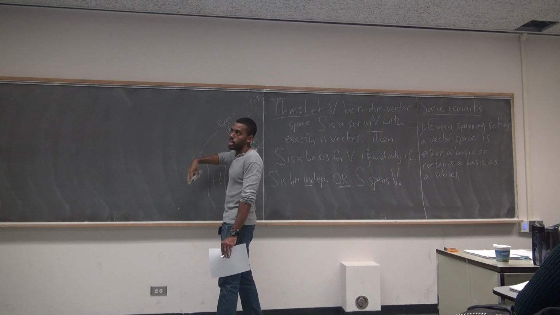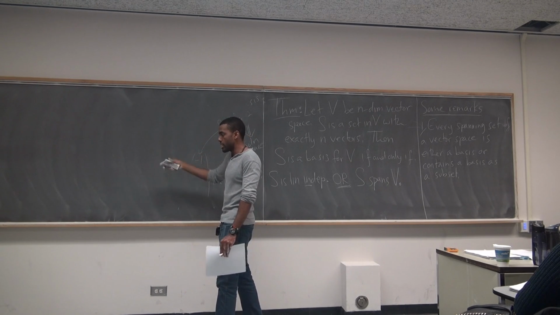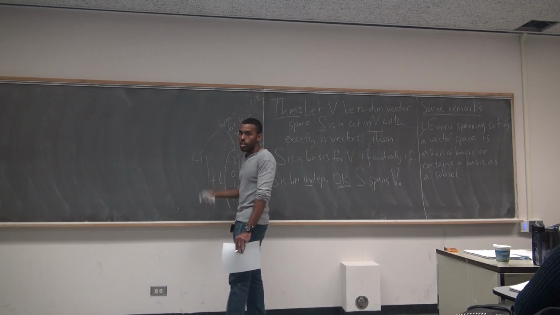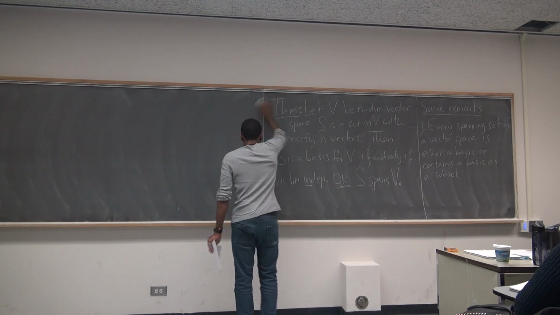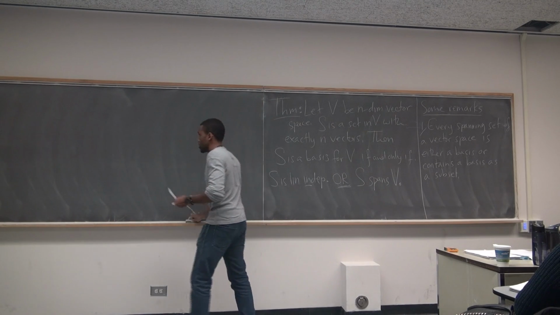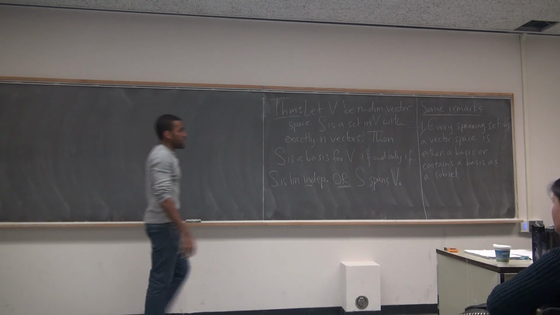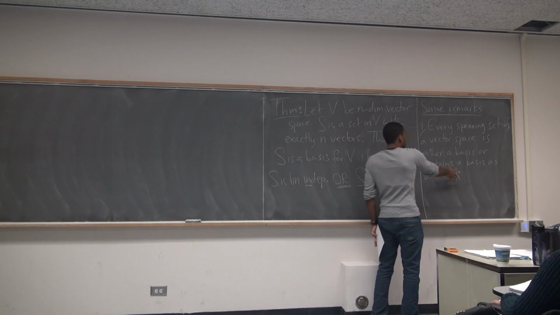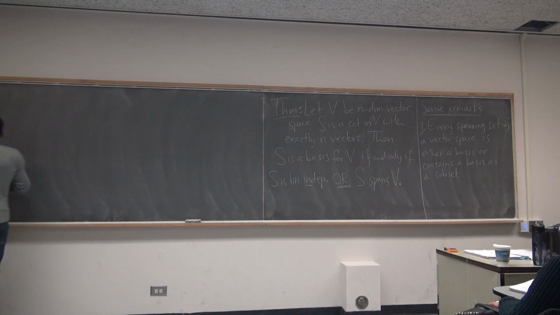So in that case, you have a subset of those as a basis. In other words, you take the dependent ones and throw them away, and what you're left with will be a basis. So sometimes you have sets that can be bases, but they're too big. Other times you have sets that can be bases, but they're too small.